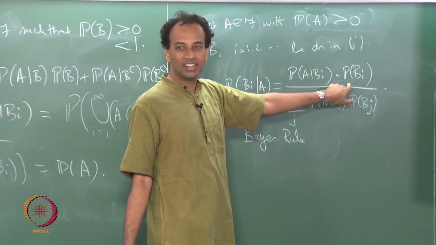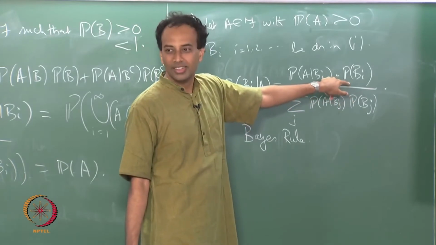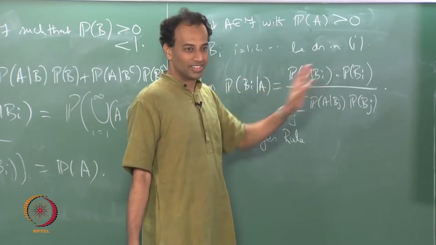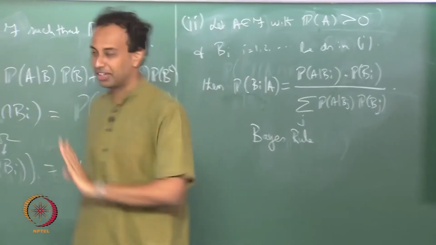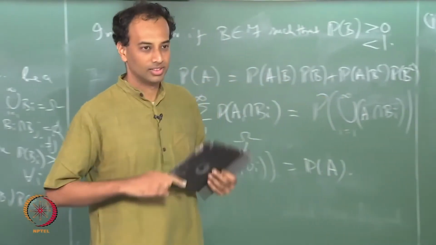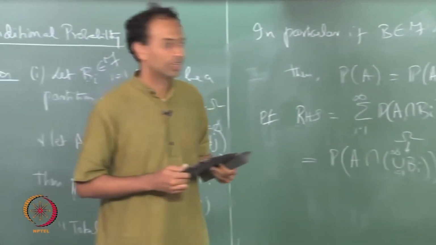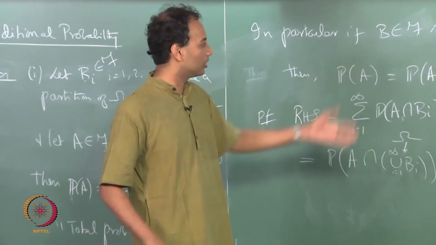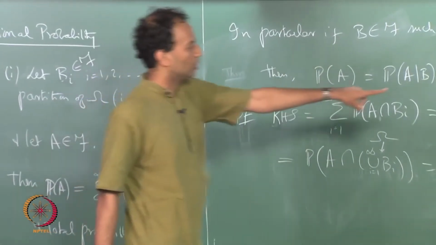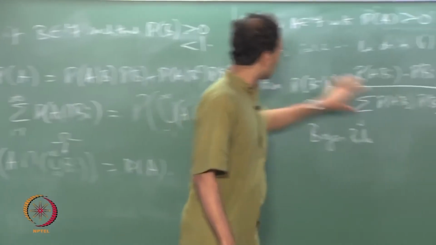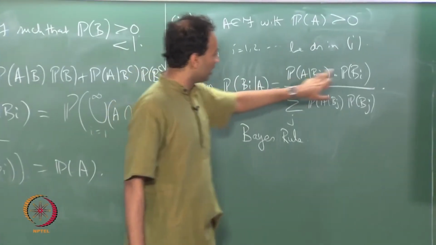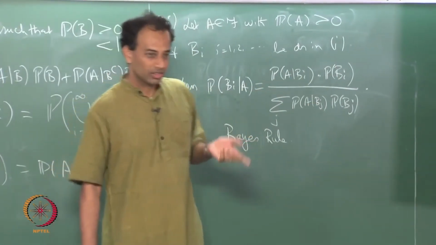So, there is really very little to Bayes' rule, it is a very straightforward application of the definition of conditional probability. Okay. It looks big because you are applying total probability in the denominator. So, you bring this here, it will become probability of B_i intersection A, which is also the numerator, right.